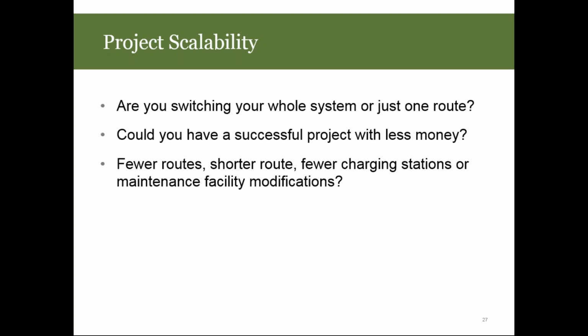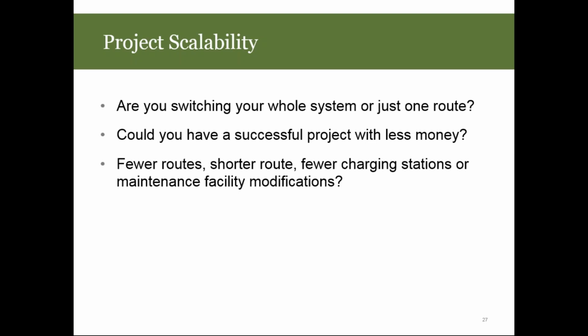So, project scalability. We've been talking about that throughout this conversation, but one of the things that came up is that flexibility is important. If you're asking for, like Seneca, changing your whole system, and then they give you enough to change a route, what would it take for you to make the initial implementation and then go back for more vehicles to complete it?